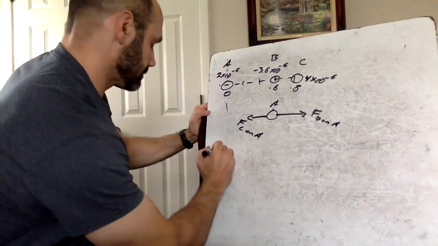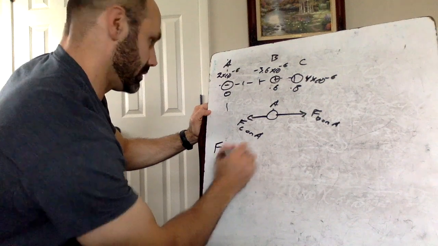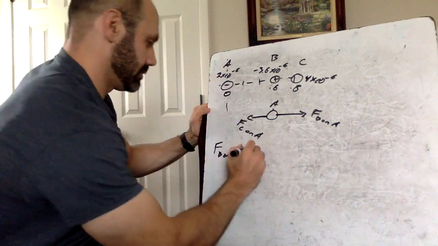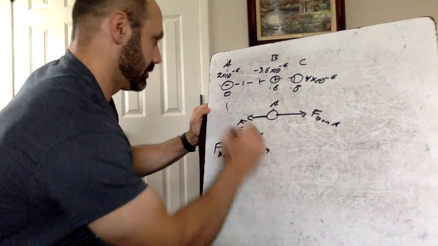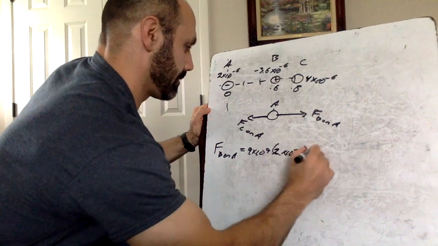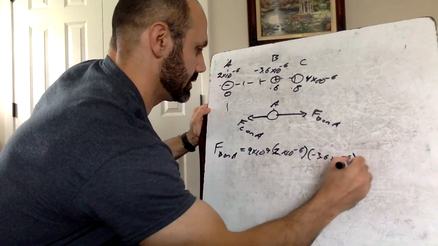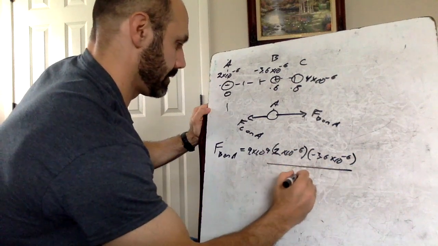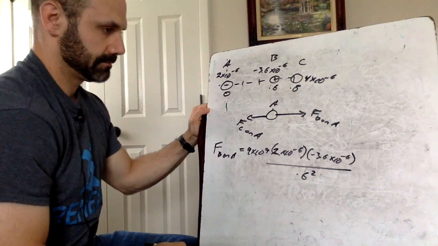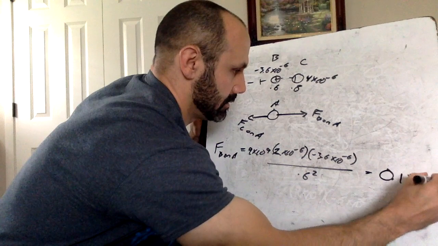Okay. So then the force of B on A, I'm going to calculate this, is just going to be K, so 9 times 10 to the 9th, times 2 times 10 to the negative 6th, times the charge of B, negative 3.6 times 10 to the negative 6, over 0.6 meters, that's the distance, squared. And this comes out to 0.18 newtons to the right.